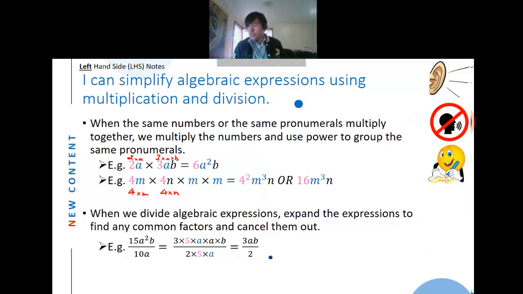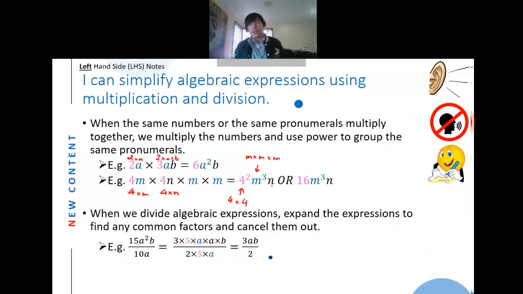Since the number 4 appears twice, we can write that as 4 squared, because 4 times 4 is 4 squared. And we've got 1, 2, 3 m's multiplied together, m times m times m, that would give us m cubed.